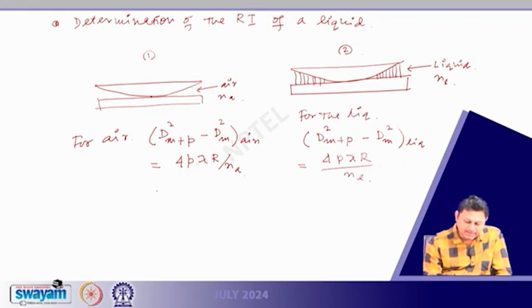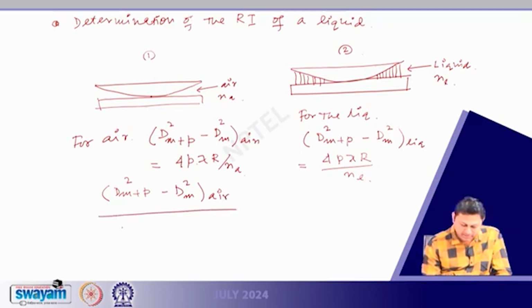So if I now divide these two equations, we simply have dm plus p square minus dm square for the liquid, which we calculate experimentally, divided by dm plus p square minus dm square for air.